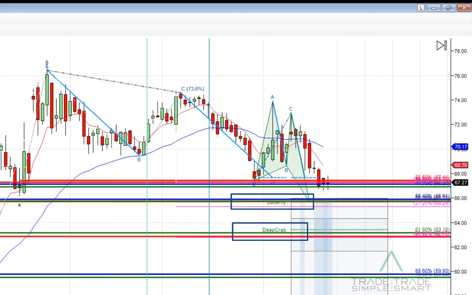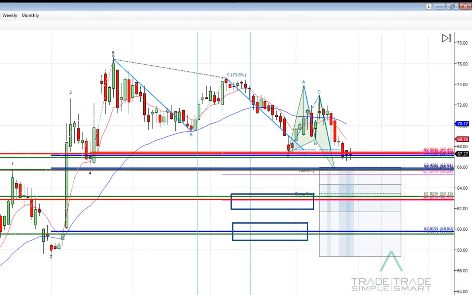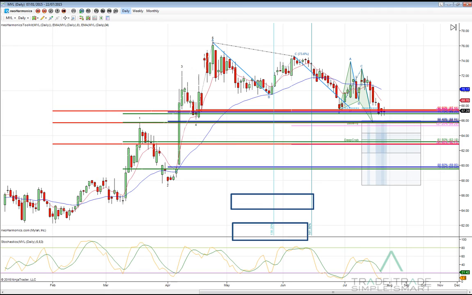By looking at the 2 areas, it just simply means that the graph is plotting where the patterns will end to validate either the butterfly or the deep crab. And again, we can see that they overlap with our Fibonacci price zone.